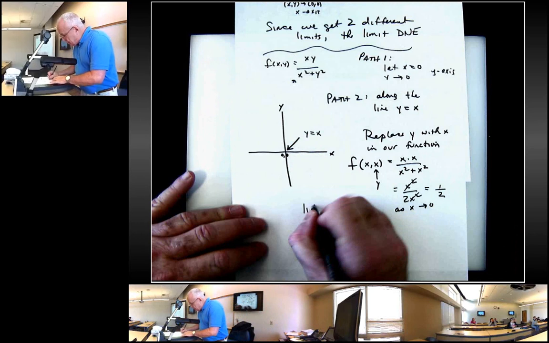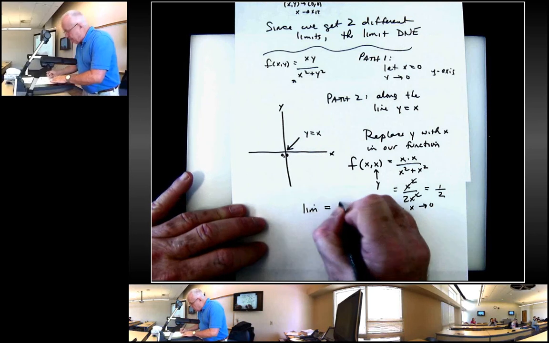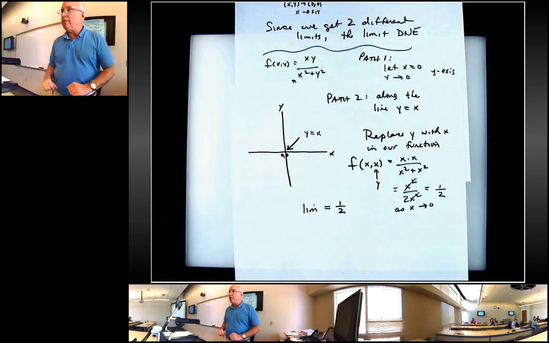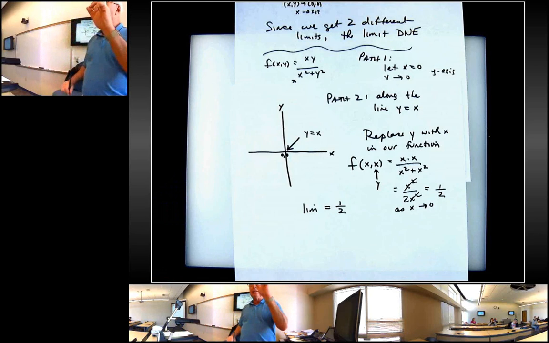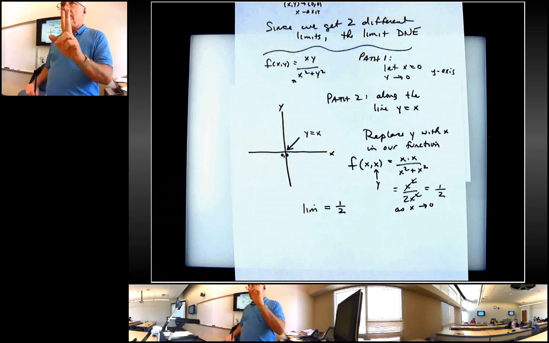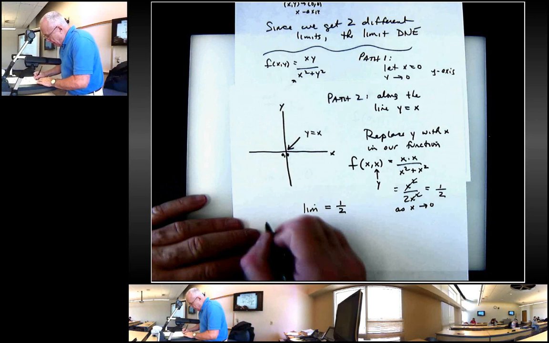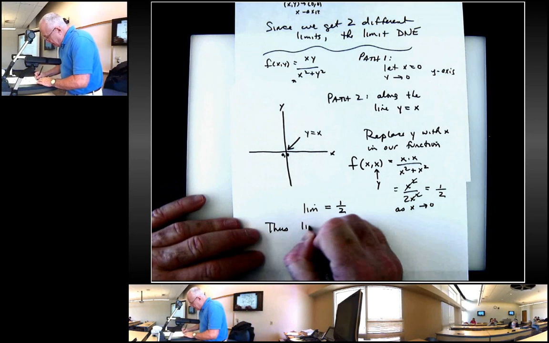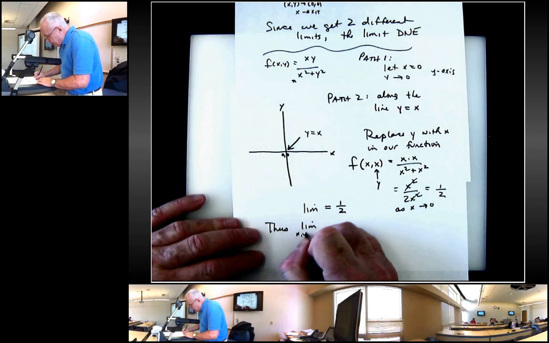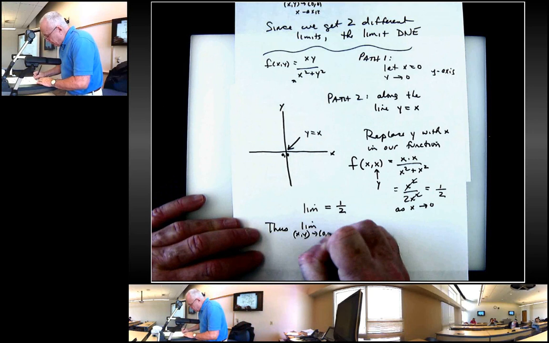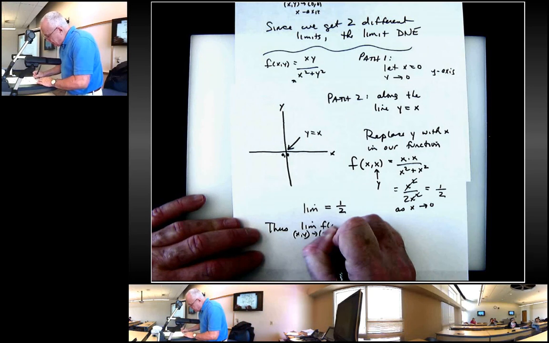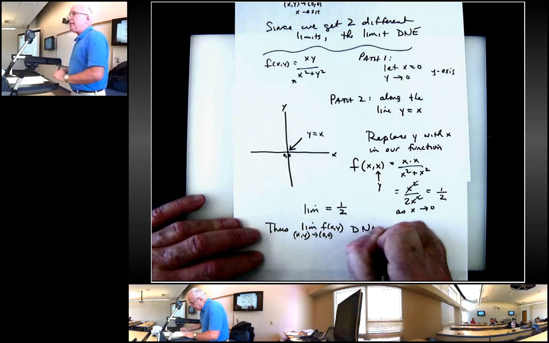So the limit is equal to 1/2 if we go this path. And that's all we need, is to find 2 of them that have different limits. Thus, the limit as (x, y) approaches (0, 0) of this particular function does not exist, DNE.